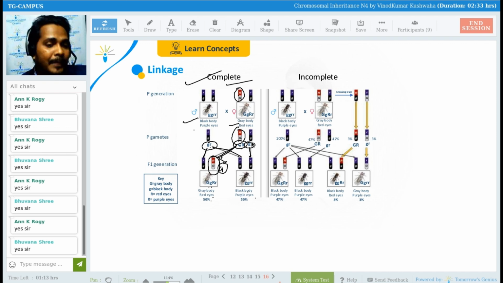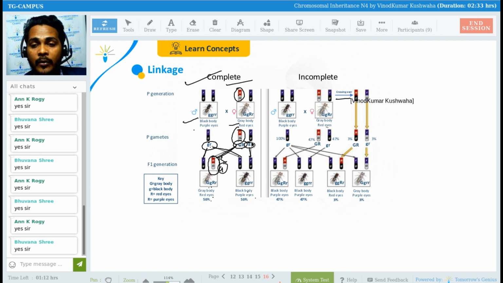But incomplete linkage means what? The genes are not too close to each other first of all, and little crossing over takes place between these genes. That means if there are two genes, there is a possibility of crossing over. So you can see here the black body purple eye, gray body red eye.